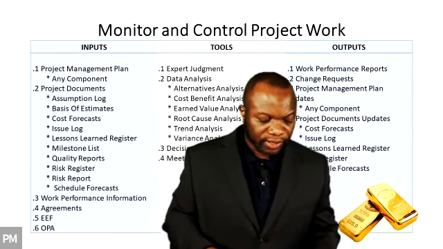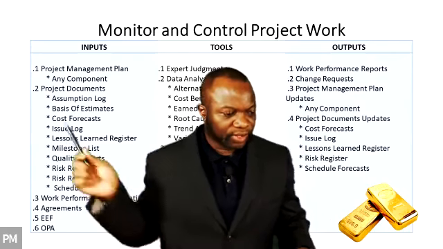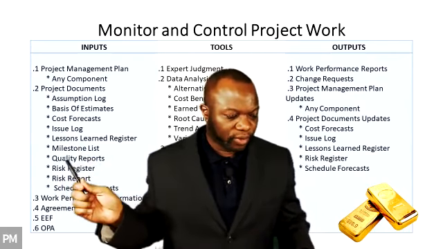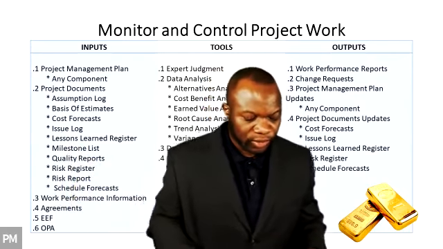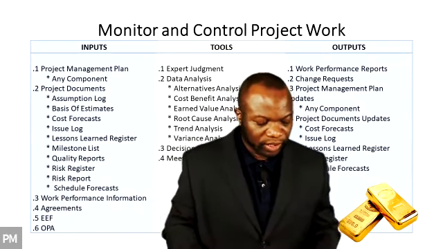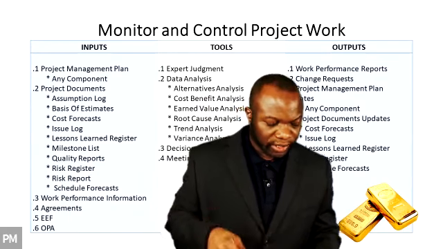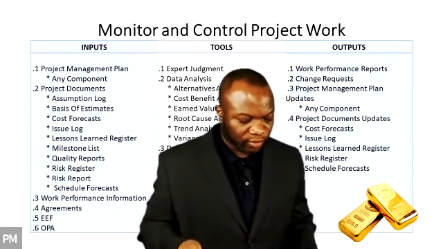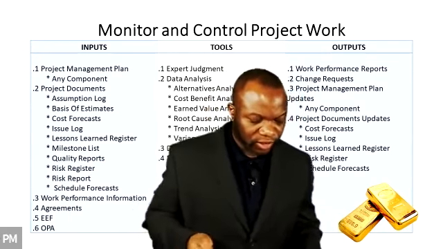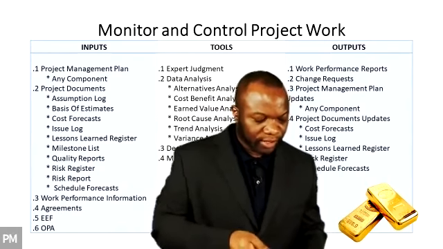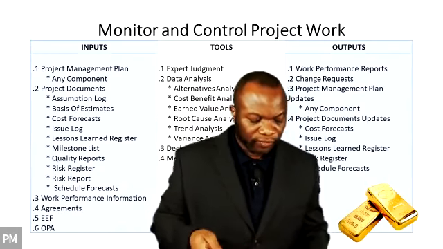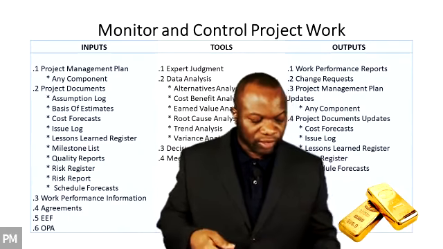Quality reports, it says the quality report, this one right here, includes quality management issues, recommendations for process, project, and product improvements, corrective action recommendations, and this could include rework, defect or bugs repair, and so forth.